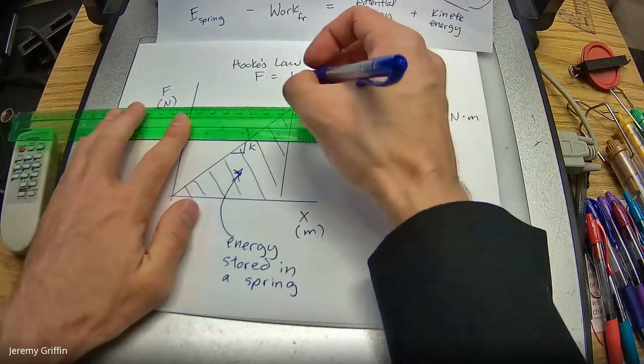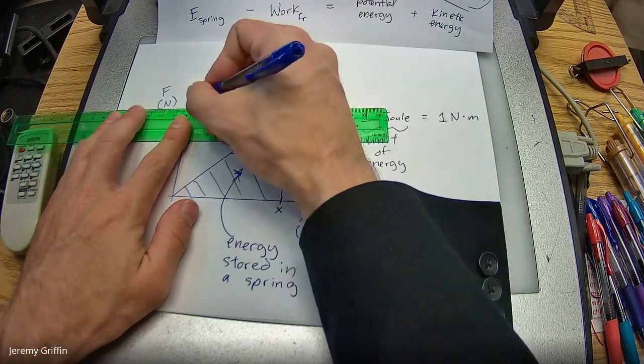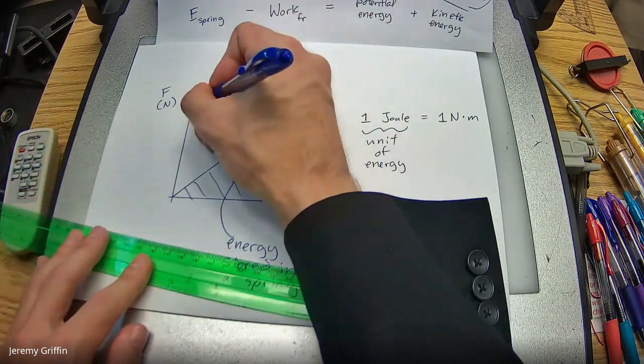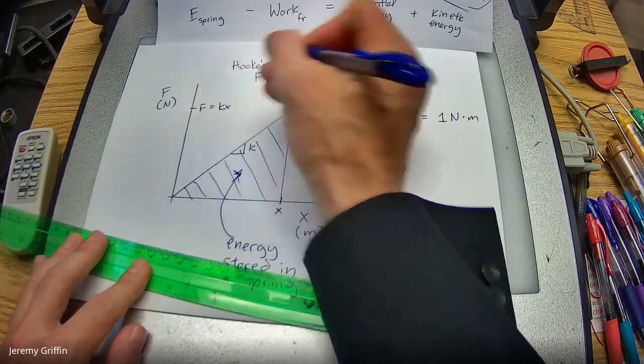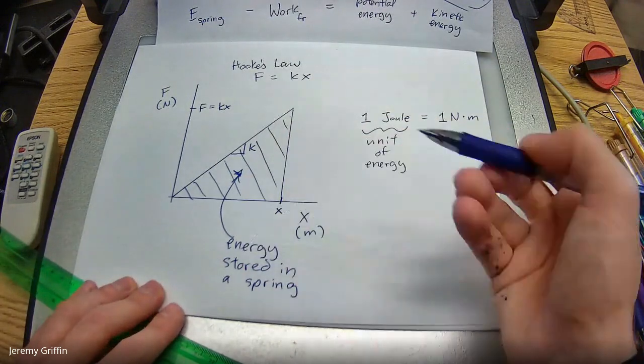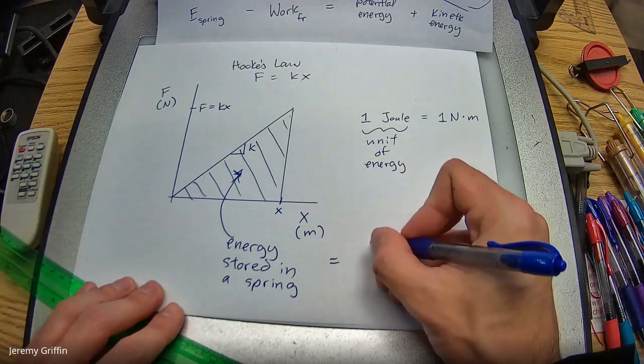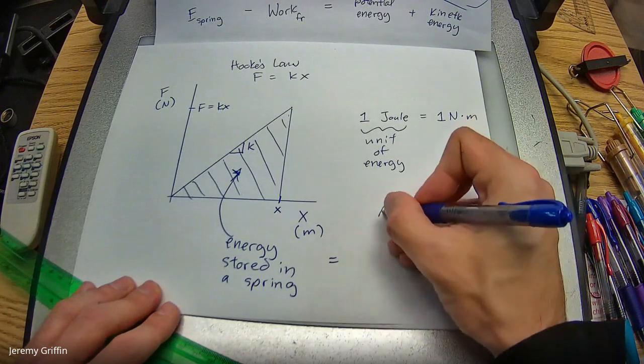Speaking of F equals kx, suppose that this distance is exactly x, and the corresponding force would be kx. What is the area of that triangle? Because it would represent the energy stored in the spring. Isn't that equal to 1/2 base times height, the area of a triangle?